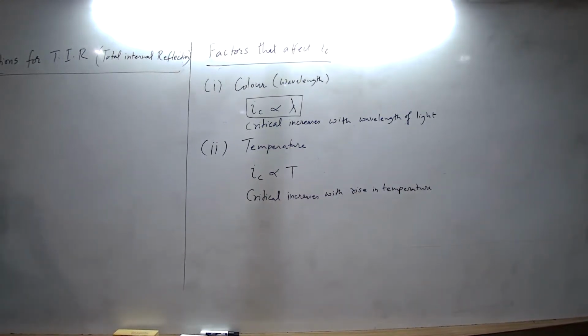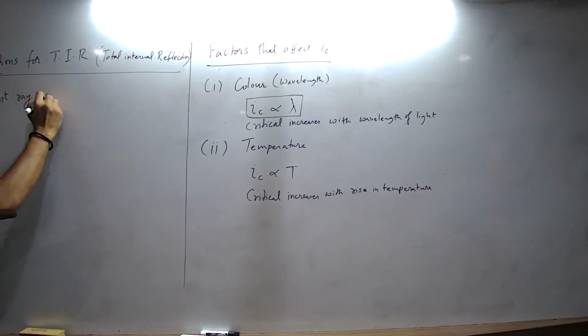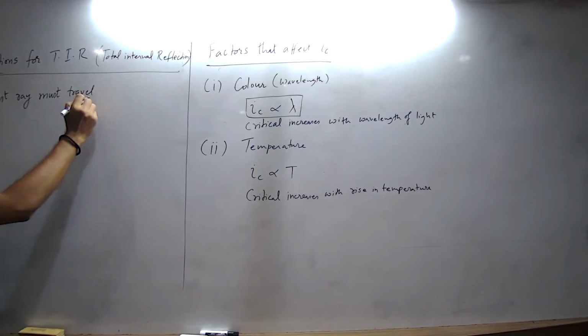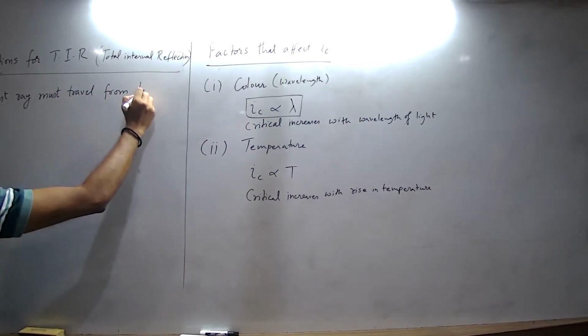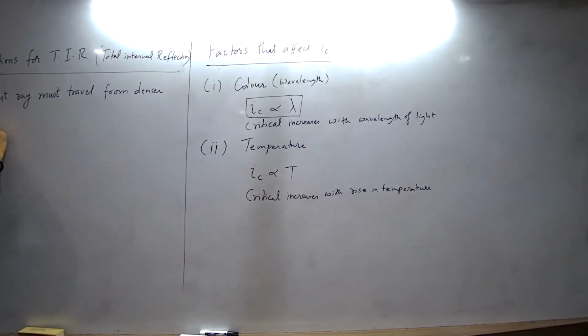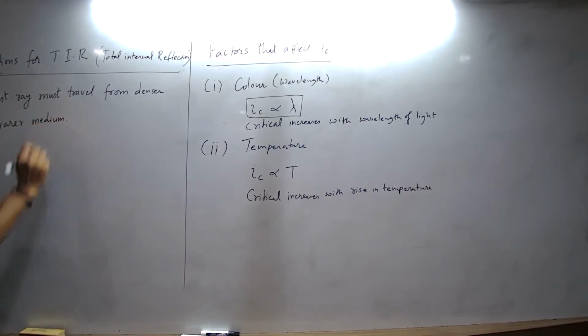Okay, so now, first condition, what is the first condition? The ray should travel from denser to rarer medium. Light ray must travel from denser to rarer medium. Second. What is second?